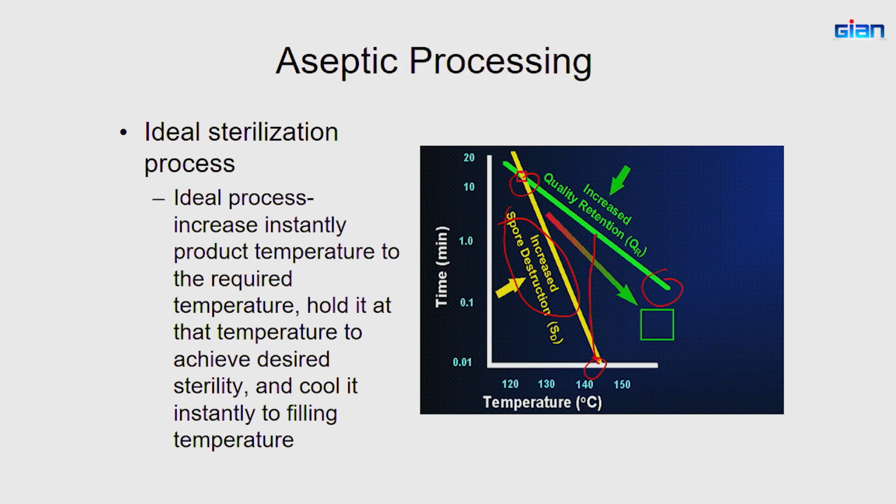So, the concept behind aseptic processing is: can we raise the temperature very quickly to a higher temperature, 130 to 140 Celsius, so that you destroy the microorganisms without damaging the nutrients and the quality attributes?